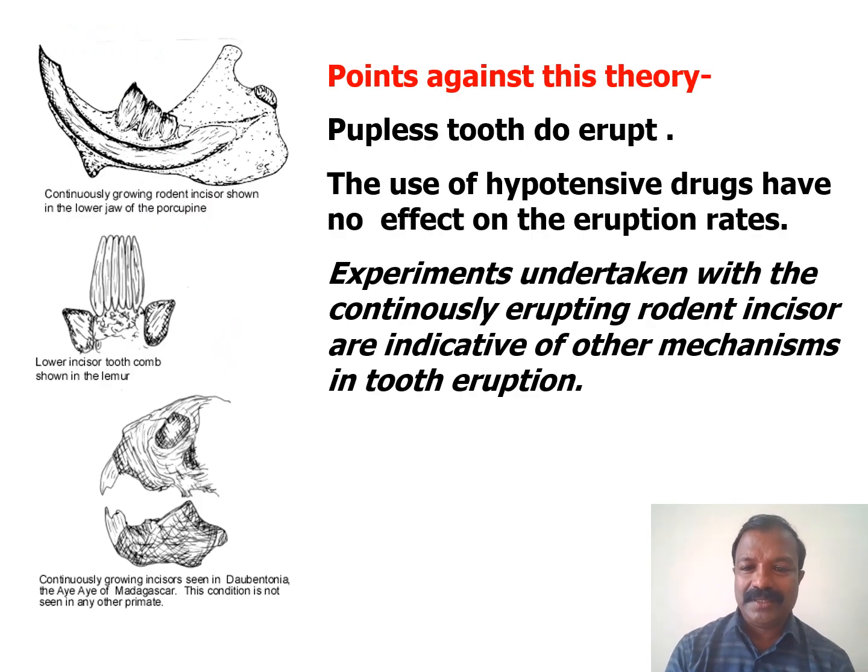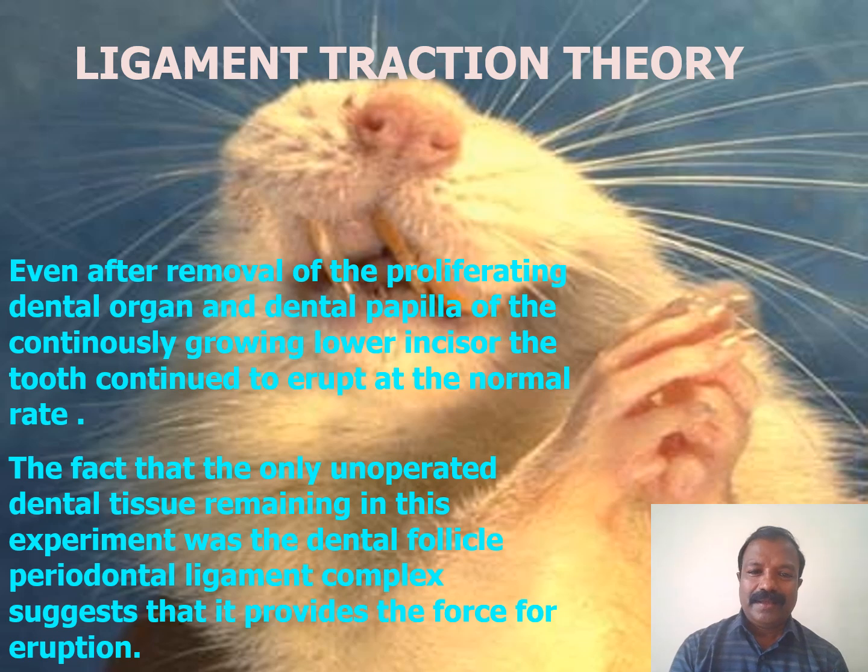But the points against this theory are pulpless tooth also erupt, and the use of hypotensive drugs have no effect on the eruption rates. And experiments undertaken with the continuously erupting rodent incisor are indicative of some other mechanisms in tooth eruption. Even after removal of the proliferating dental organ and dental papilla of the continuously growing lower incisor of rodents, the tooth continued to erupt at a normal rate.